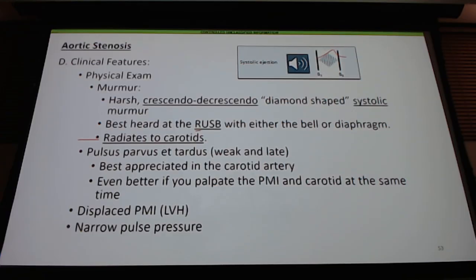You get this crescendo, decrescendo pattern because, remember, the flow of blood out of your ventricle is an active process, so you build that turbulent flow as the pressure rises, and then you reach that peak where the pressure starts to drop off because you just don't have volume left in the ventricle to maintain that pressure. So you get that drop in pressure, drop in flow, which means a drop in the intensity of that murmur. So that gives you that decrescendo pattern for this.